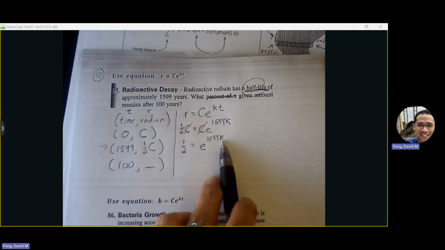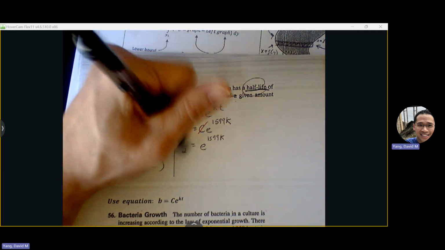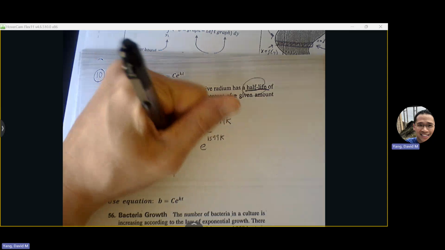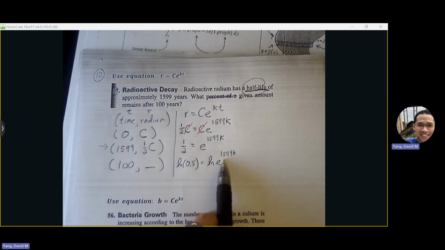I want to solve for K, but K is stuck in the exponent. So what can we do to allow that K to come down? Introduce the natural log. I'm going to change that 1/2 to be 0.5, so I don't have to deal with a fraction. Now that we're inside a natural log expression, what can we do with this exponent?